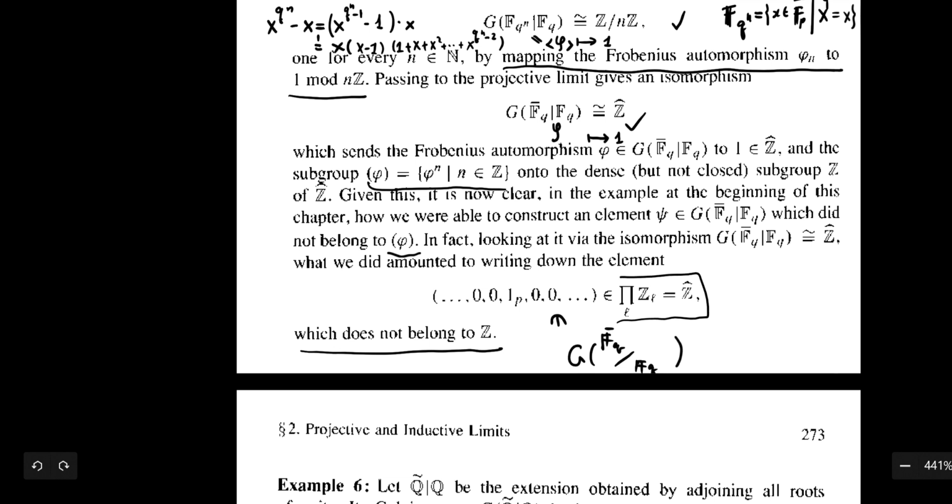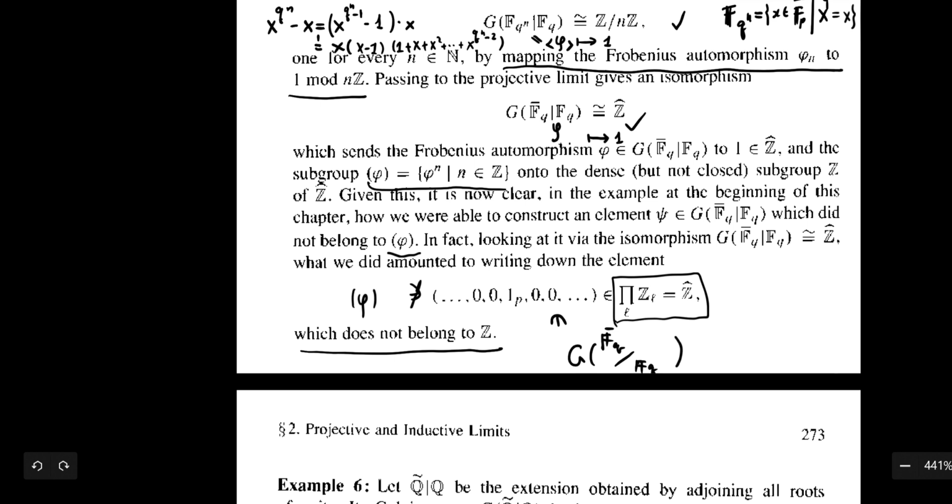We're using this description. It is still left to show why this is not Frobenius. How is this projection? Piecewise, yes.